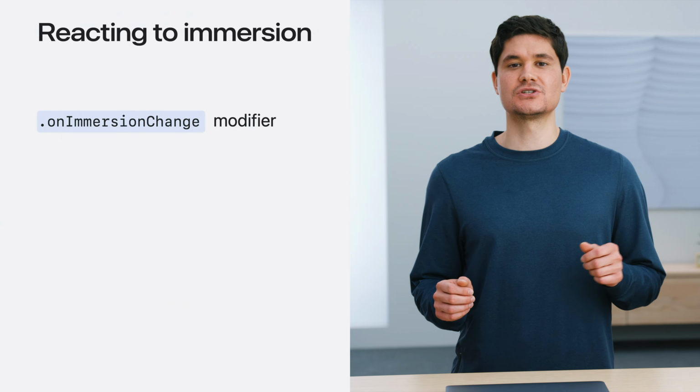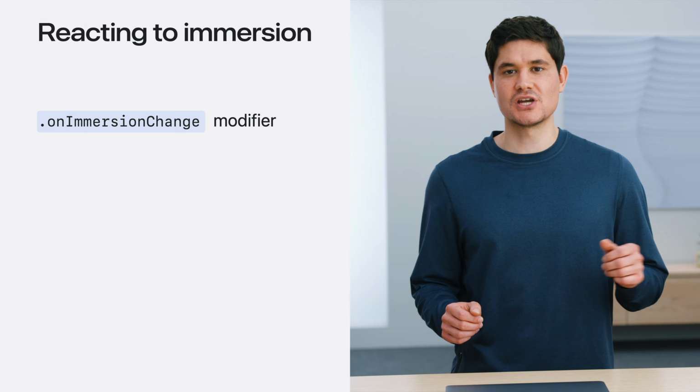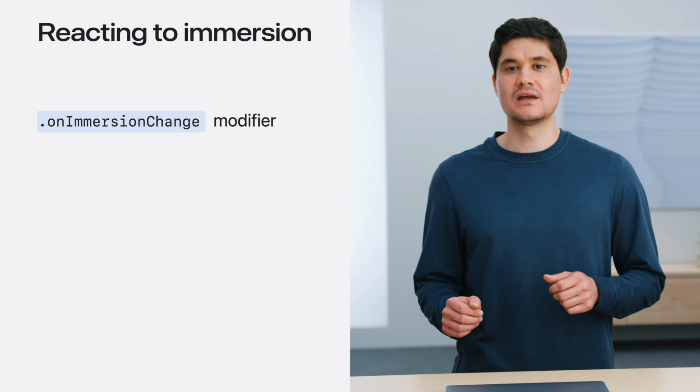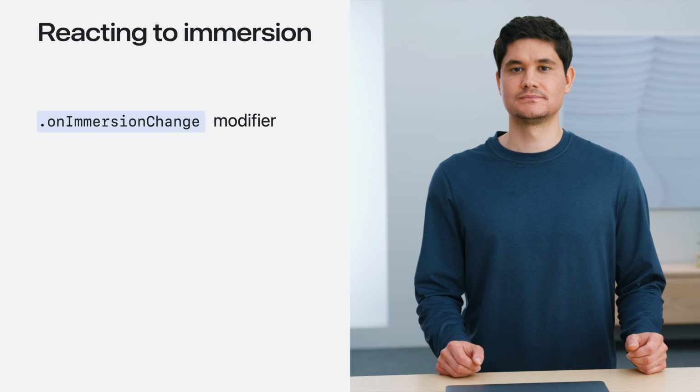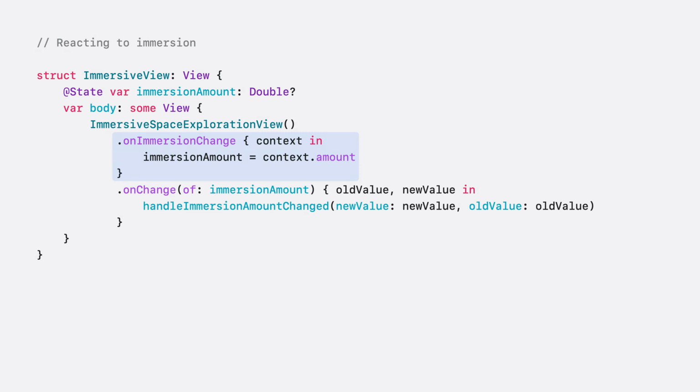I use the onImmersionChange modifier to react to changes to the immersion amount. This provides a context value with the new immersion level. When the immersion changes, I read the value from the provided context. For Botanist, I store it so I can compare the before and after values.